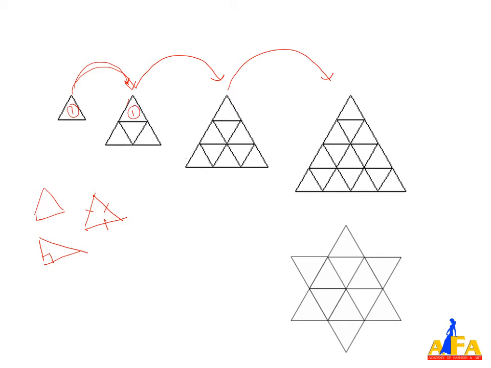If we count 1, 2, 3 and 4, the number of small triangles is 4, and the bigger one is also a triangle, so we will count that also, and the total number of triangles is 5.